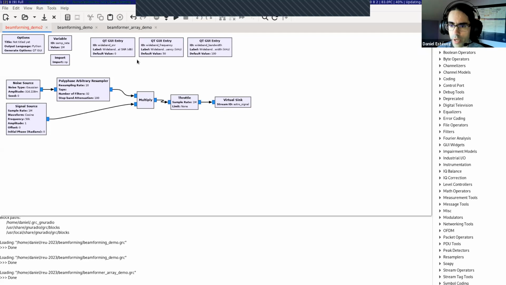So in one of the first tutorials, we saw how to generate wideband and narrowband signals with different SNRs and how to measure the SNR on the spectrum. I have just reused part of that flow graph. So we have the noise source, the resampling to set the bandwidth, and then we have this multiply by the signal source to shift it in frequency, and the throttle block because this is a simulation and we want to run it at real time.